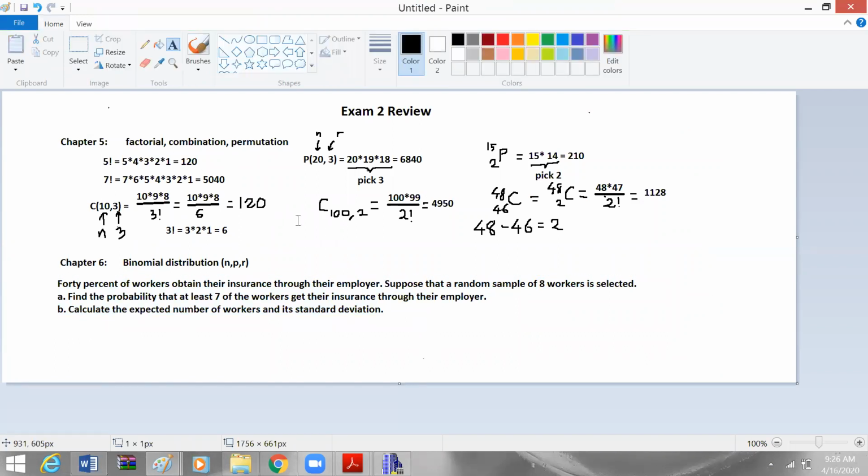Let me just highlight this. What type of information do we need? How do you know it is a binomial problem? I never told you, okay, this is chapter 6, this is why we need to use table 2 and the binomial.